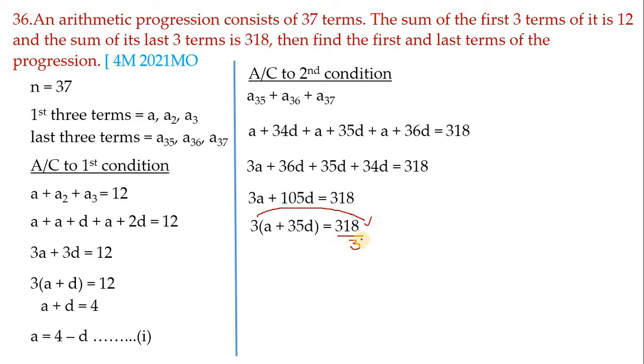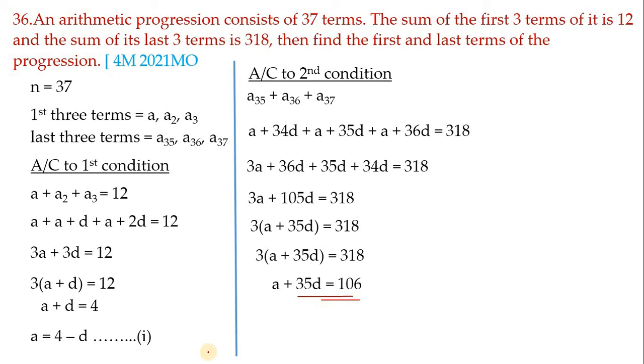While dividing, you have to be careful. 318 divided by 3: 3 ones are 3, then the next digit 1 cannot be divided by 3, so put 0 and take the next digit, 18, and 6 threes are 18. So we get A plus 35D equals 106.